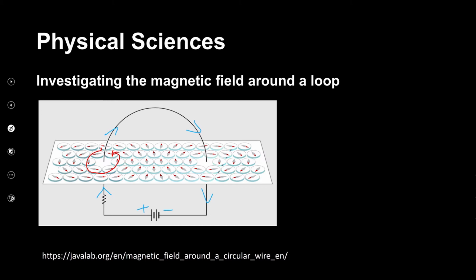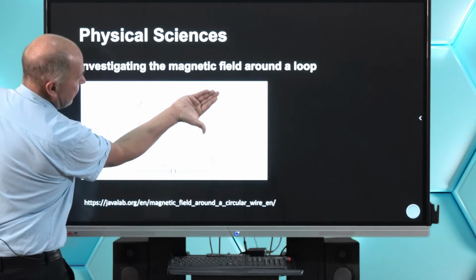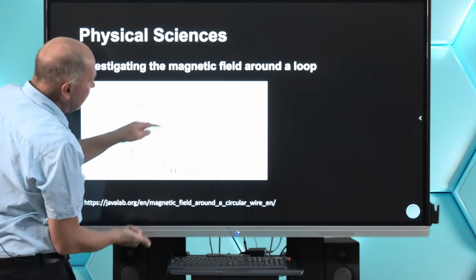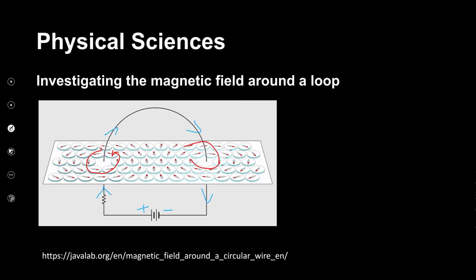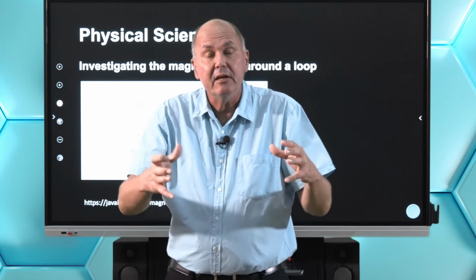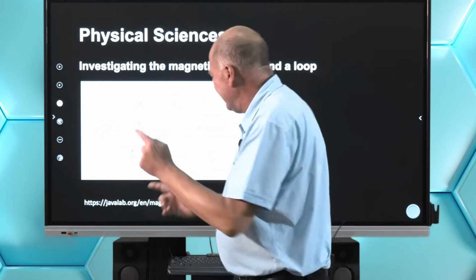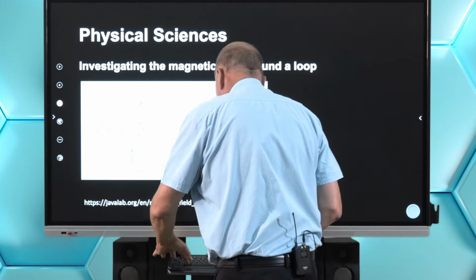Whereas if I go to this side and say now the current is coming down, then the needles are pointing in the other direction, it's going clockwise. So that's quite an interesting observation in terms of applying the right-hand rule and seeing what the effect is. But you know what? Let's go and investigate.